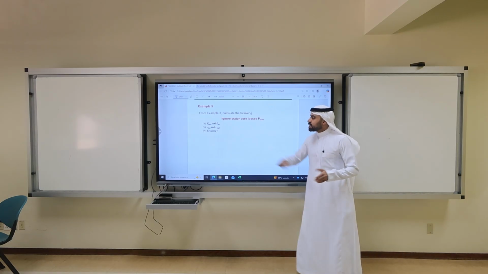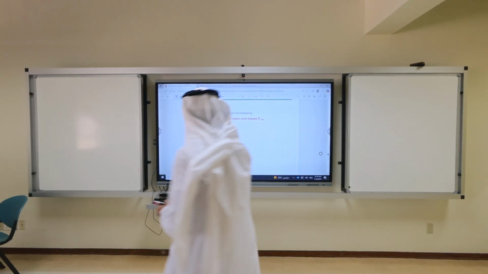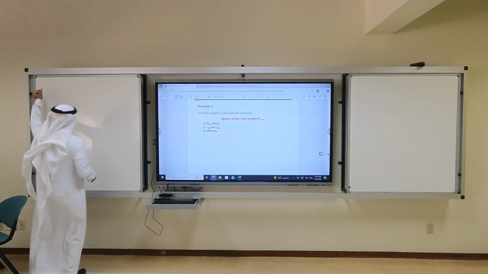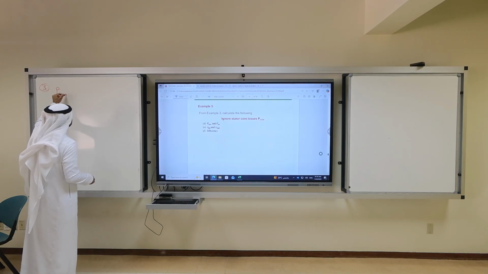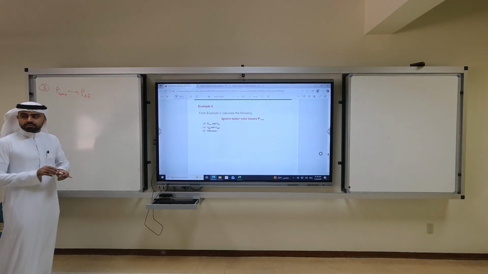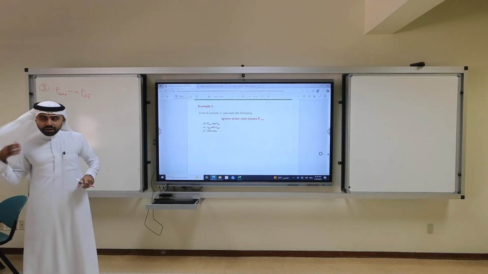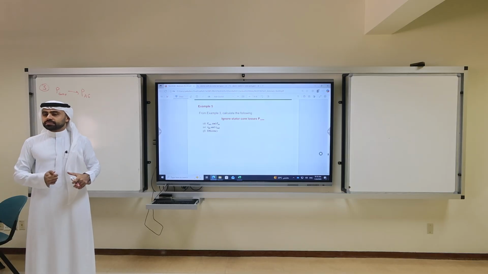Go back to circuit 3. Calculate the converted power. To get the converted power, I need the air gap power. Right? Because if I know the air gap power, I subtract the rotor loss, I get the converted.